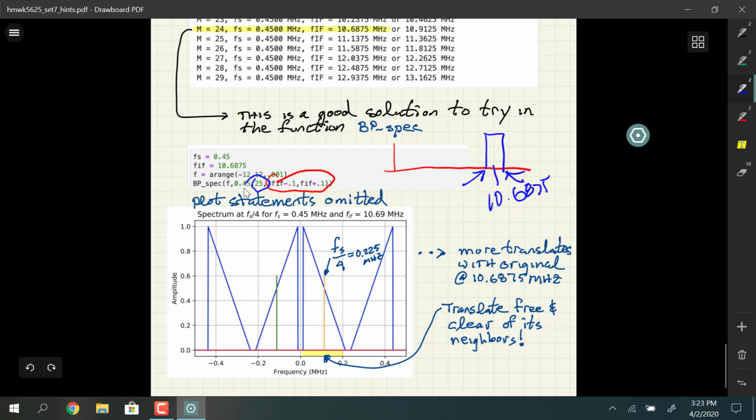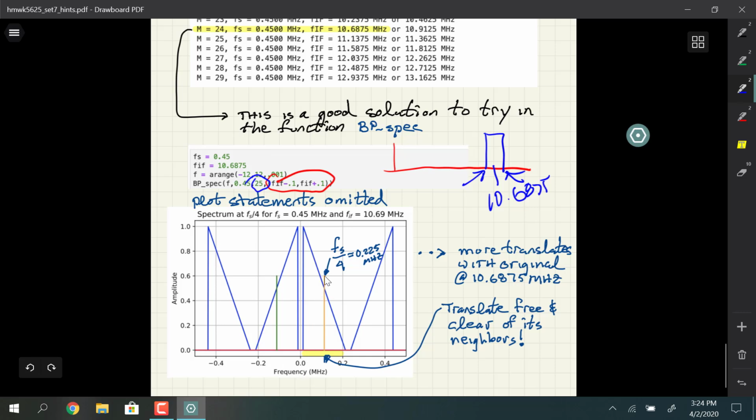So I do that. I set the sampling rate to 0.45, and then I have F sweep from -12 to +12. This would be in megahertz. But after I get my plot, I do some scaling on the plot and X limiting the plot to just zoom in on the translates that are sitting around 0.